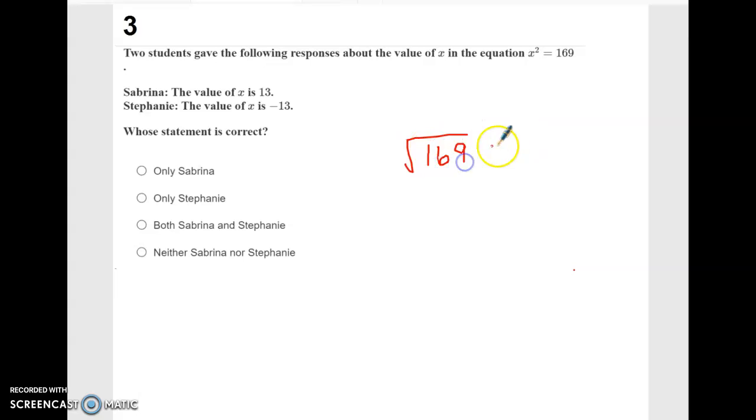So the square root of 169 is going to be both positive 13 and negative 13. The reason is that if you took negative 13 squared, you get a positive 169, because when you multiply a negative number times a negative number, you get a positive number. So in this case, both Sabrina and Stephanie were correct.